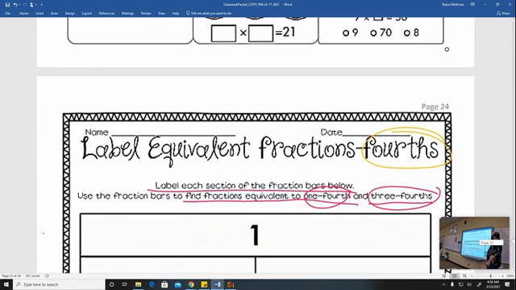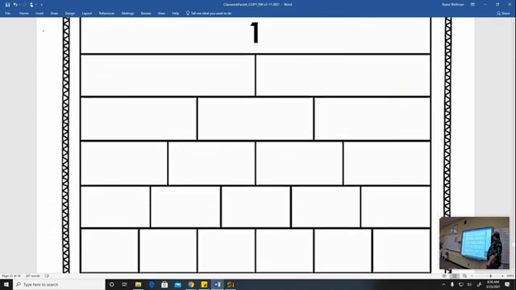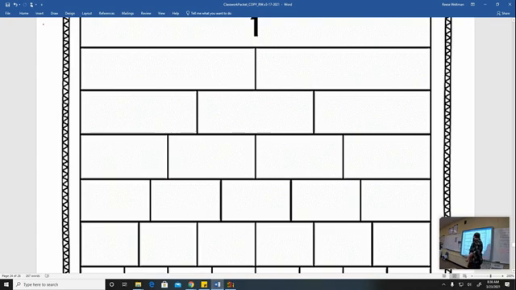But let's take a quick look at this one together, because I want to just remind you guys, I'm not going to write these down here until we go over the whole thing together, but I want to remind you guys, your denominator is how many sections your whole is divided into, okay? So in this case, the whole, every single one of these long fraction bars, they are the same size, correct?